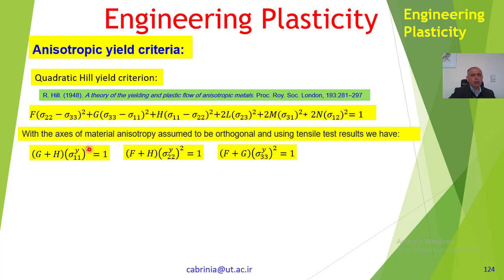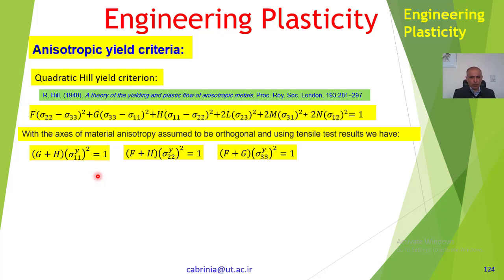So axes of material anisotropy means that we take the specimens in the direction of the orthogonal axes. Then a tensile test is a uniaxial test, so we only have stress in one direction.